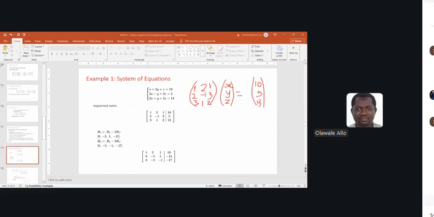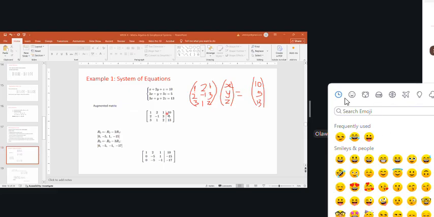So from these expressions, we have this. Then the augmented matrix now becomes this. Just put a line, then you now have this. This is what we now use to do our expression.